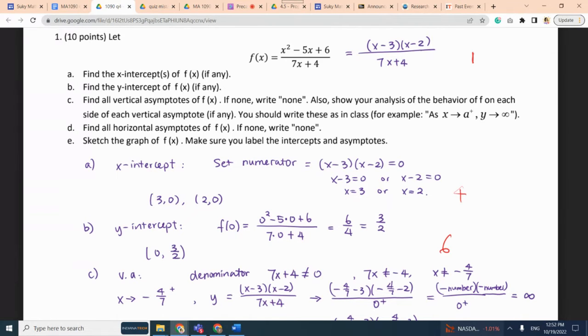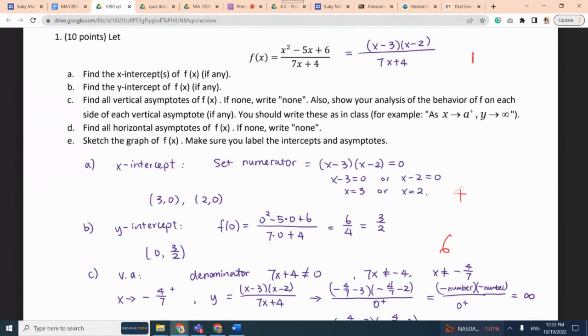And the denominator is already a linear factor. So for the x-intercepts, we set the numerator equal to 0. That's why we have x minus 3 equal to 0, or x minus 2 equal to 0. And therefore, x equals 3, or x equals 2.